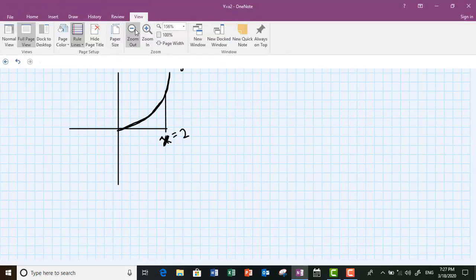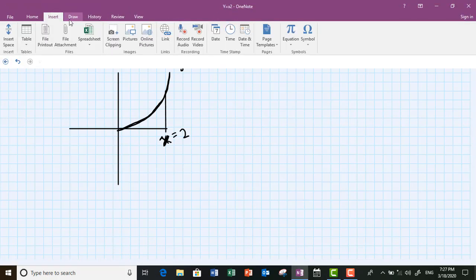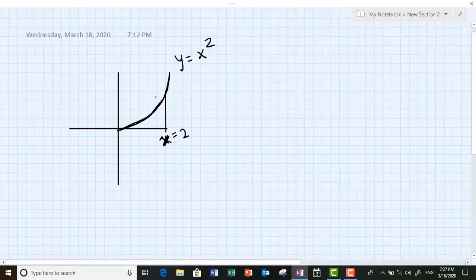Let me color in the region that we're looking for. The area bounded by those three lines is right here. That's the area.